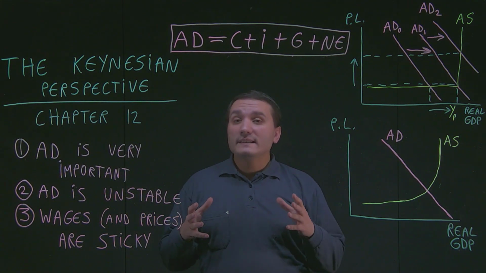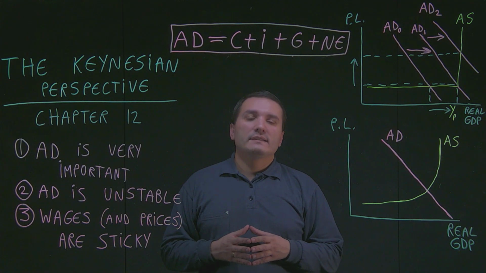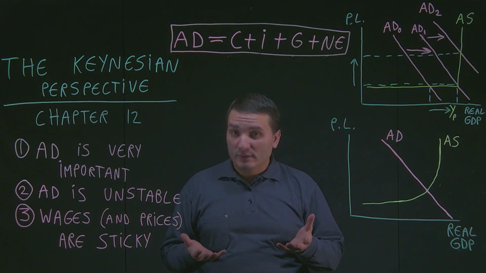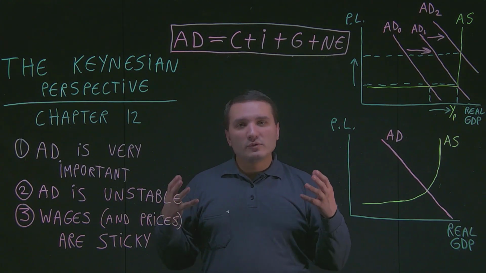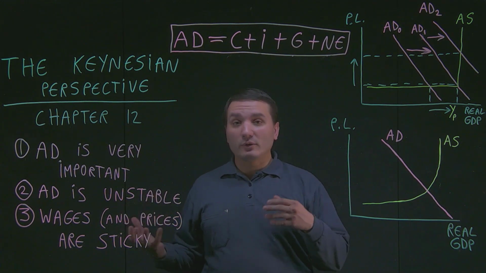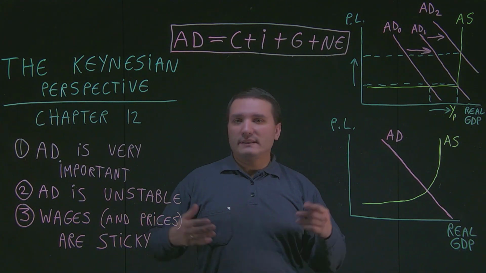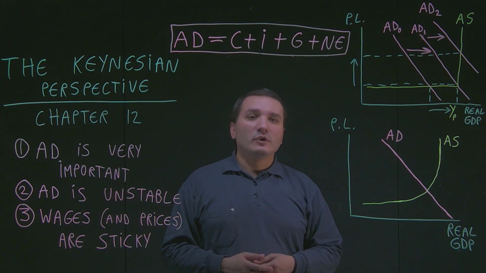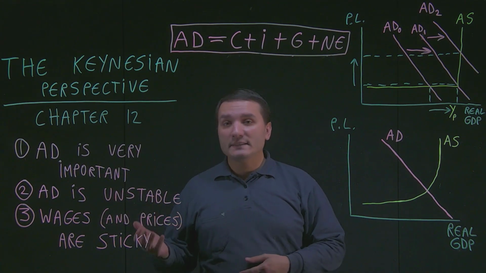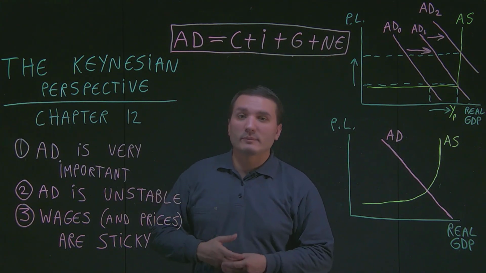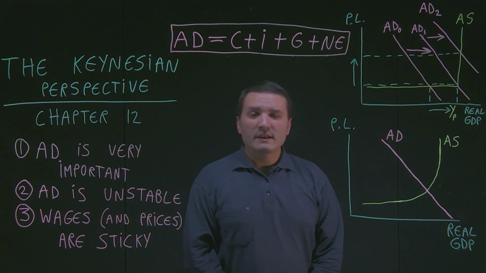What defines the Keynesian perspective is the belief that the government has the power, has the ability to greatly impact the economy, for better or for worse. The government can do nothing in a recession, and that's a terrible idea. Or the government can increase spending or cut taxes, depending on what side you're on, or maybe you can use monetary policy as a compromise.